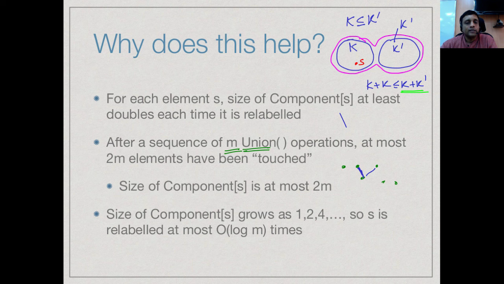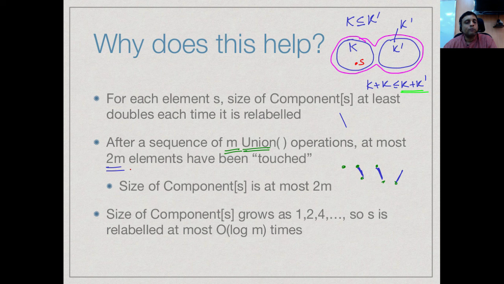So in the worst case, if I start doing this separately each time, in one operation I affect two, in another operation I affect two more, and so on. So after a sequence of m operations, at most 2m elements have had their status changed from the initial condition when they were pointing to a component consisting of only themselves. So only 2m elements have ever been affected by my union operations.